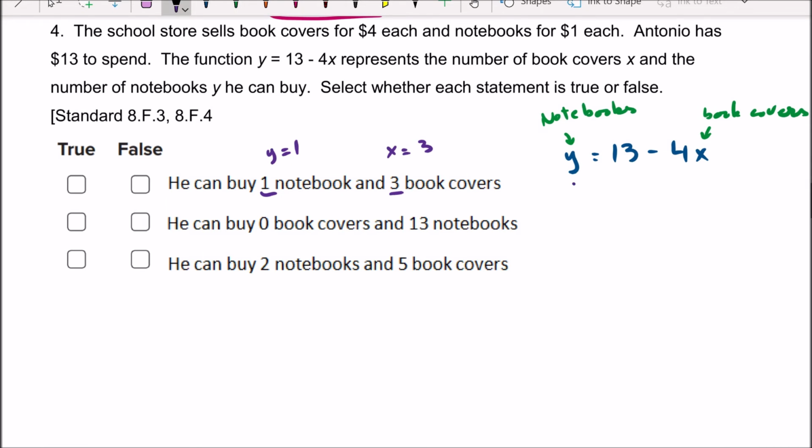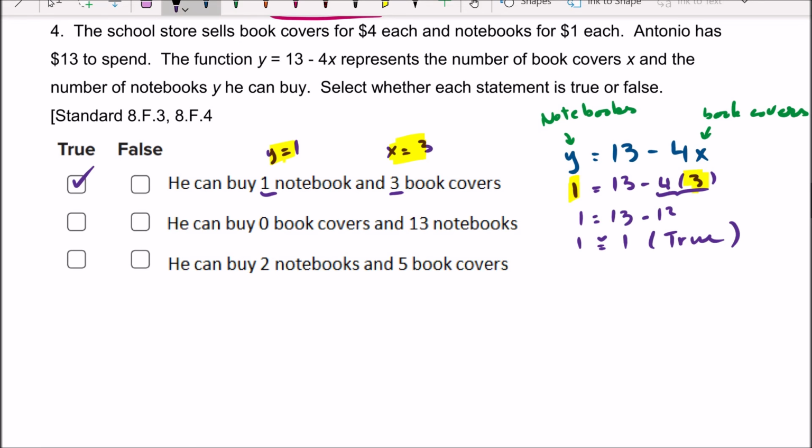Y is 1 equal to 13 minus 4 times 3. Simplifying, 4 times 3 is 12, and 13 minus 12 is 1. So 1 equal to 1. This is a true statement, so the answer is true.